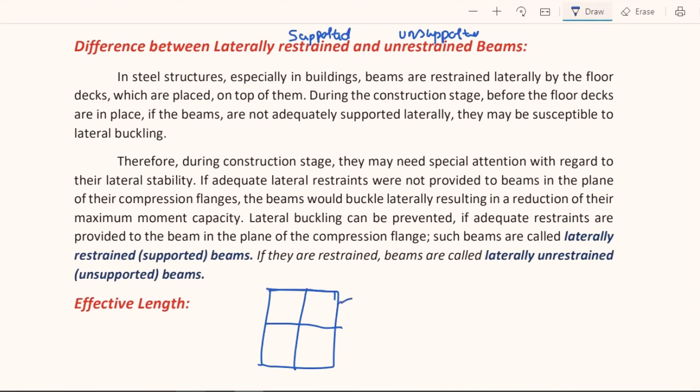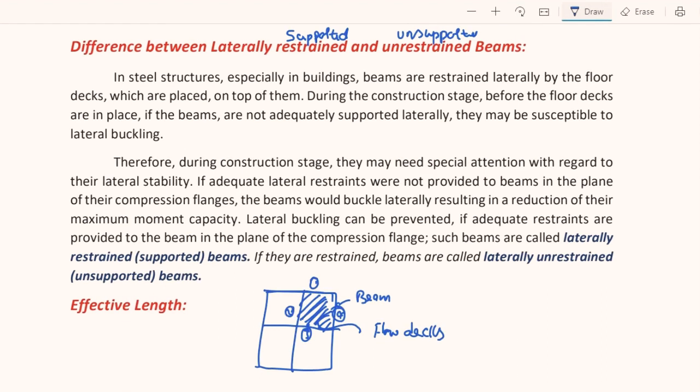Now, what we do is on this floor, on this roof, we are going to place floor decks, just like a slab. So this floor deck is going to restrain the beam.